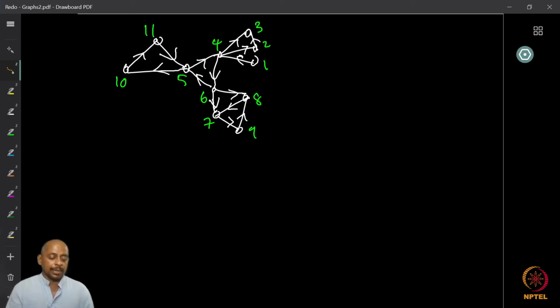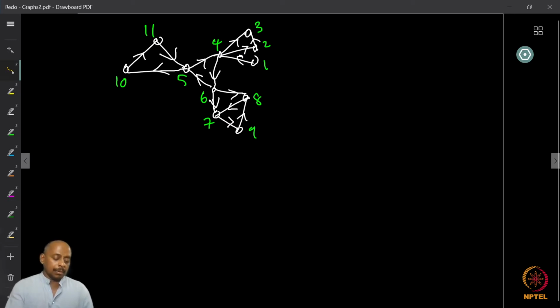For example, 10 to 5, I can go through 11. 10 to 4, I can go to 5 and then to 4. Similarly to 6, I can go through 4 and then to 6. Similarly 6 to 4, I can go, 6 to 5, I can go, and since I can go from 5 to any other vertex, this makes sure that this is a strongly connected component.